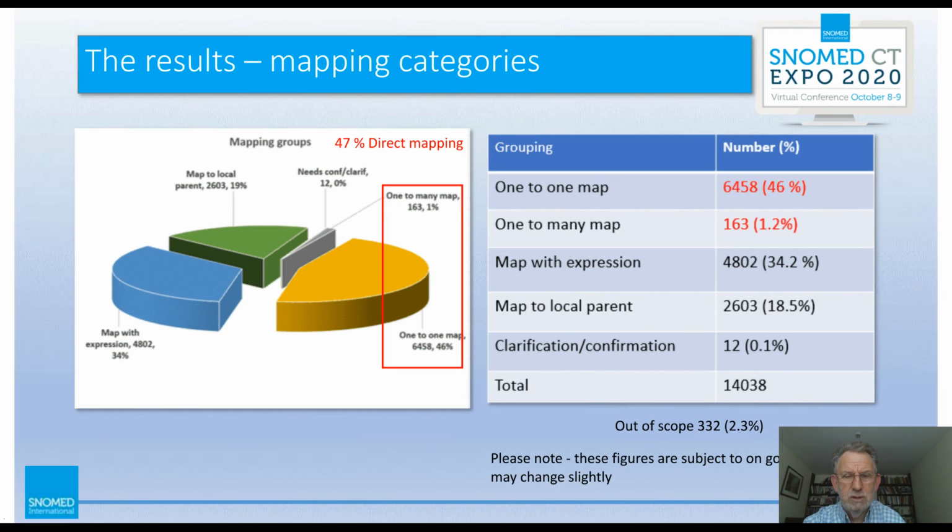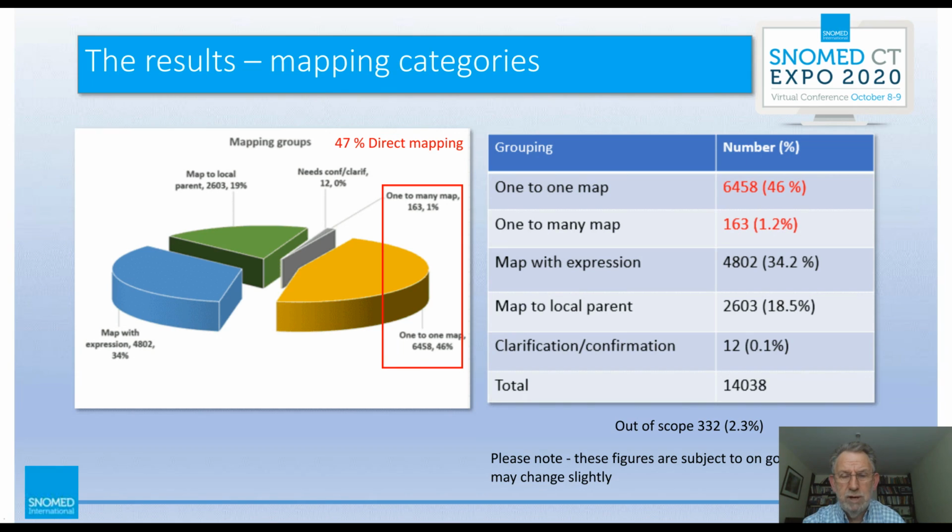Okay, let's look at the results. Direct mapping, which is what we're mostly interested in, was 47%. 46% were one-to-one, and one-to-many is 1.2%. The map expression, which we created, and there were nearly 5,000 of these, was 34%, or just about a third.